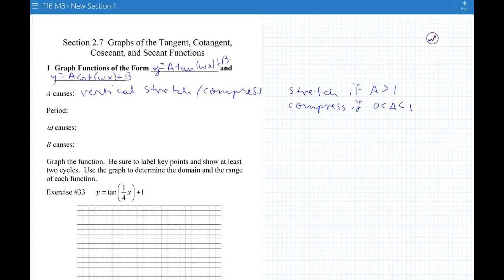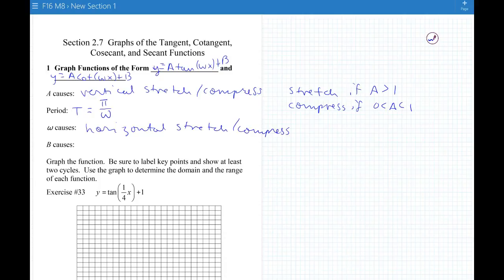If you don't have these learned yet, that pink sheet I gave you, you've got to know those. The period is still T equals, but now it's going to be pi over omega because the regular period is pi. So we divide the regular period by the omega multiplier, and omega causes horizontal stretch and compress.